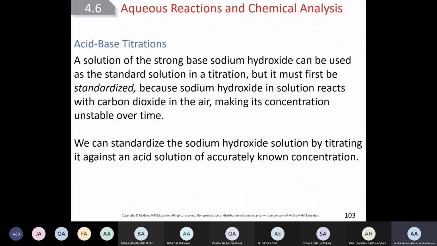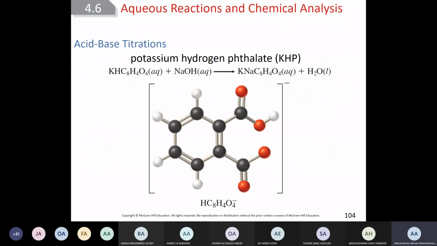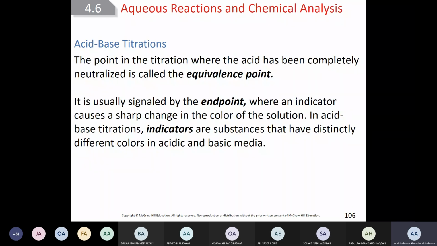To do this, we add acid to base, and in order to reach the end point or equivalence point, we put indicator.